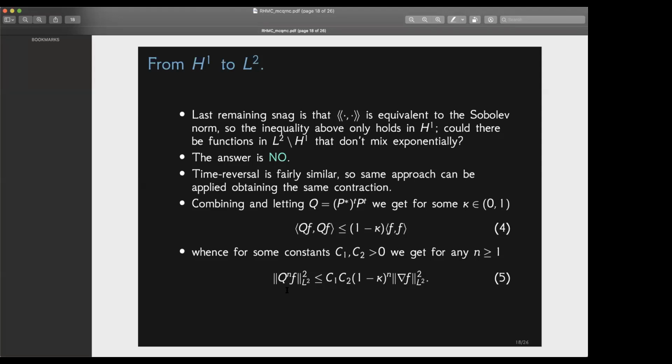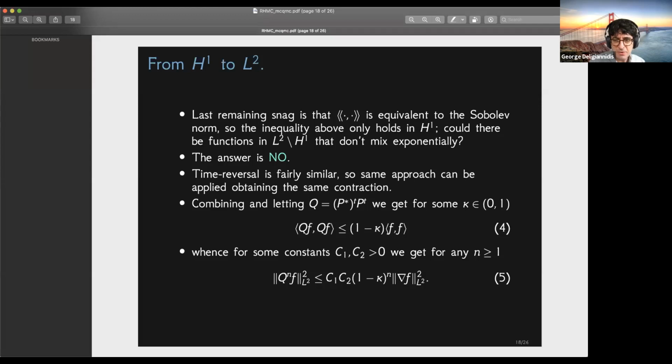To be honest, I don't really remember. I think the rates were the same. Maybe Daniel remembers, but I think they were exactly the same. Yeah, somehow we got the exact same rates in those two cases.